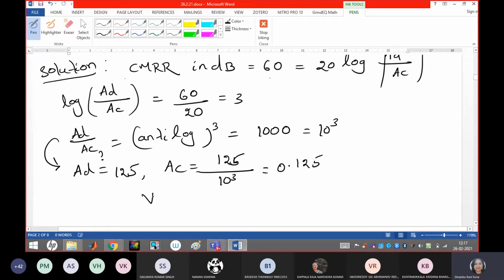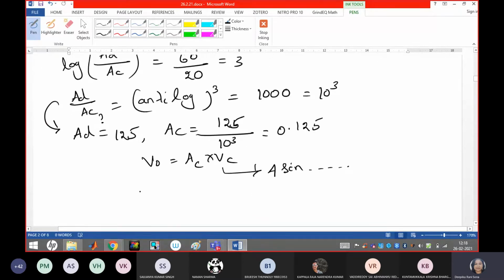So how are you representing your V0? It is the combination of AC into VC, right? Yes or no? Yes, ma'am. So AC we got. Now VC has been given in terms of 4 sine of whatever the value. It will remain the same. So now what will be the new value for the voltage?